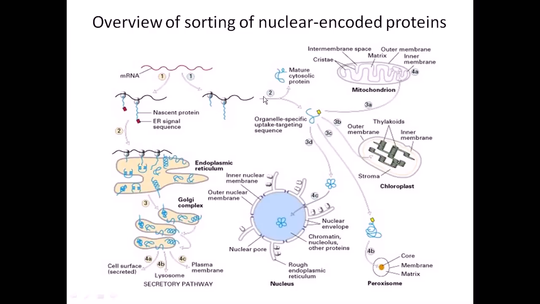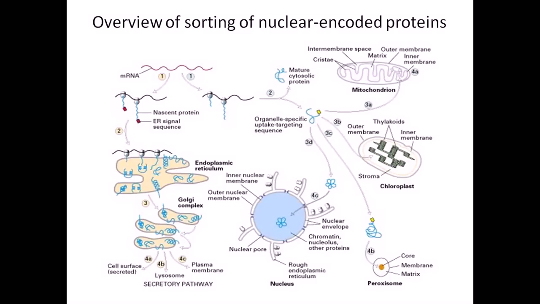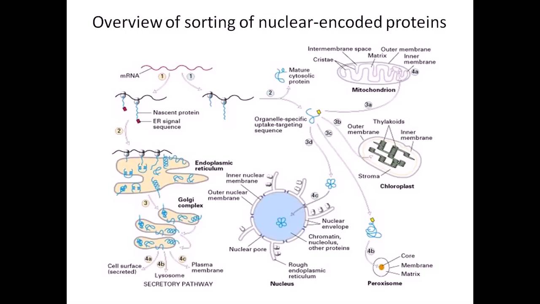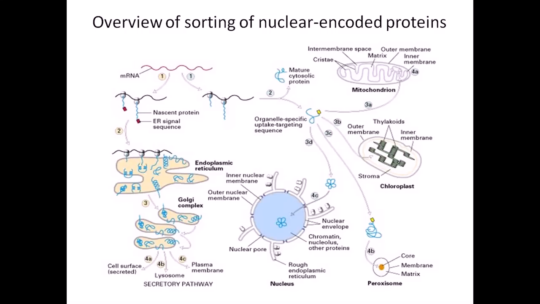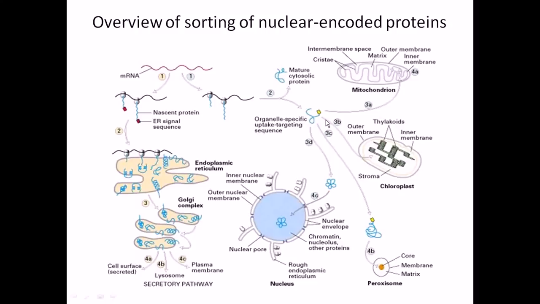Now other ways, for example, if we want our protein to end up inside an organelle like mitochondria or plastid like chloroplast, in that case we need different signals, like a mitochondrial signal sequence, or a chloroplast signal sequence at the end of it. So once it gets a mitochondrial or chloroplast signal sequence at its end, as you can see in this yellow colored thing, right, it's a peroxisome signal sequence.